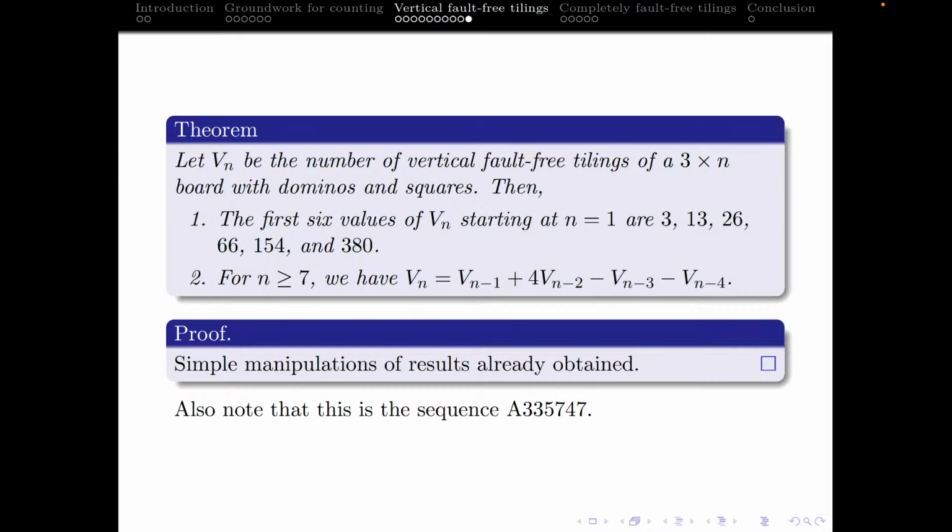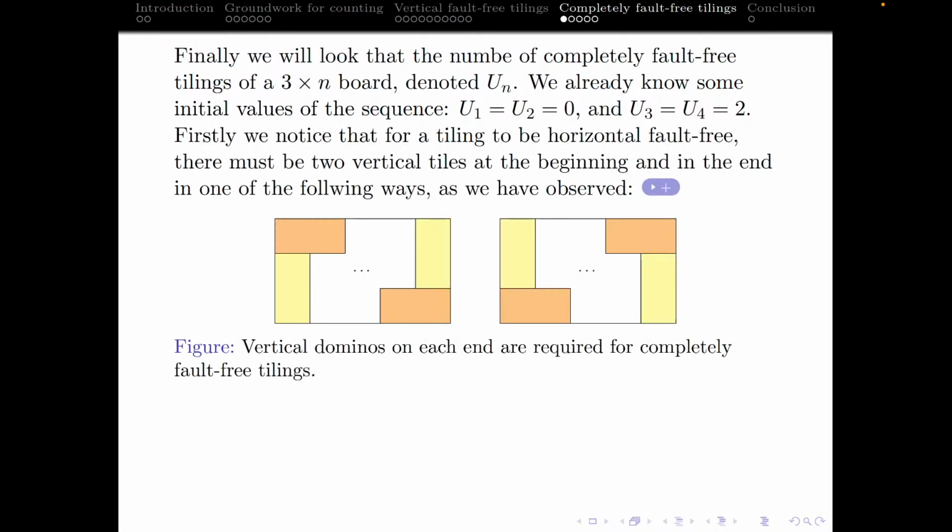Okay, great. So for completely fault-free tilings, let's remind ourselves that we have obtained that u1 and u2 are both equal to 0, because it is not possible to avoid horizontal faults, and u3 and u4 equal 2 by those two diagrams that we have seen before. And since un are always even numbers, we will be dealing with half of those values.